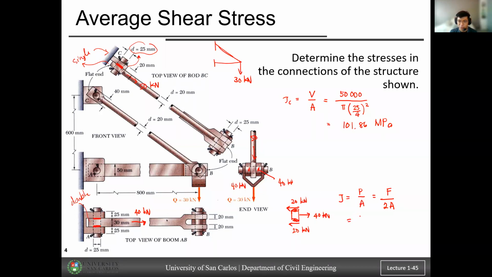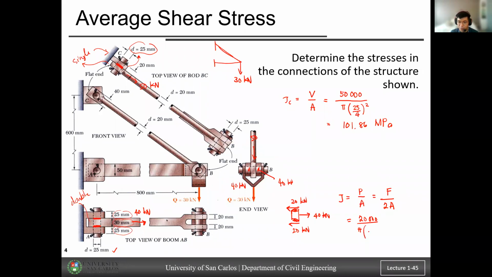So you may use 20,000 newtons over pi. Again, the bolt is 25 millimeters. So it's not the 25 here, it's not also the 30, and it's not also the 25 above, but this one, because it is the material that fails.